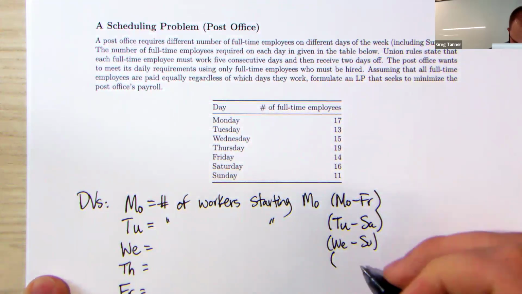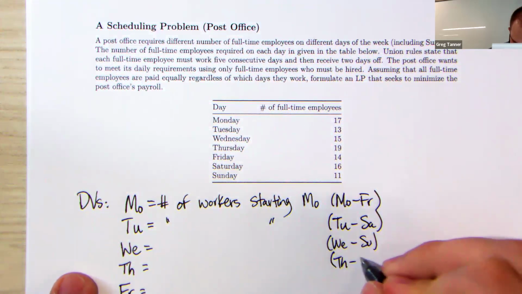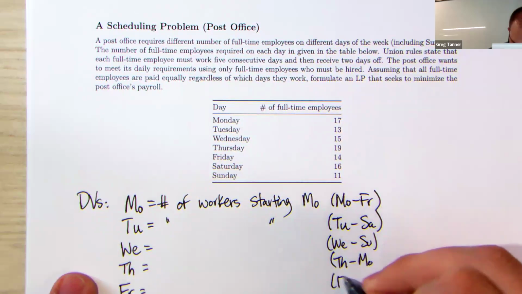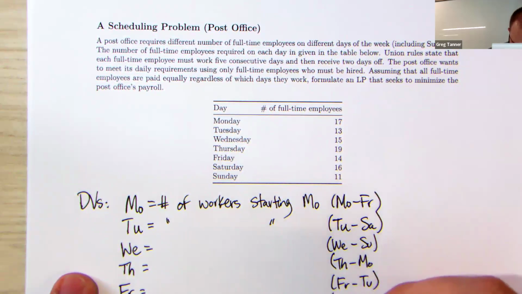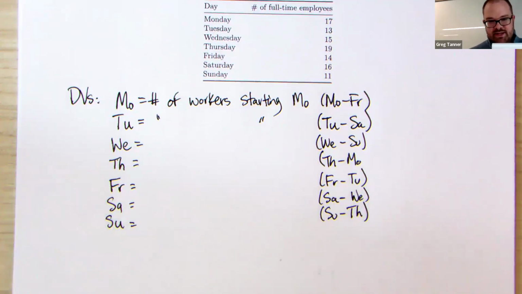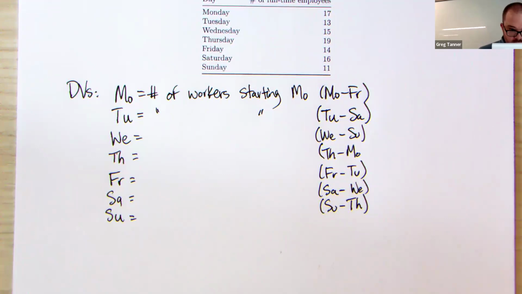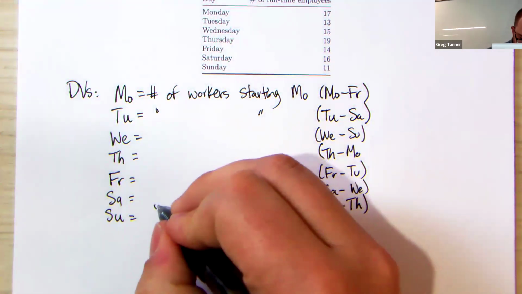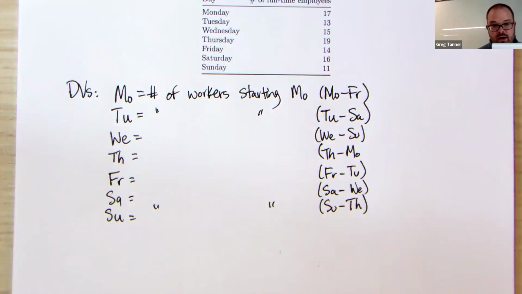Each of those will work Thursday through Monday, Friday through Tuesday, Saturday through Wednesday, and Sunday through Thursday. Okay, sorry, missed the end there. So those are my decision variables. Essentially they're the number of workers starting on that day and working 5 consecutive days.